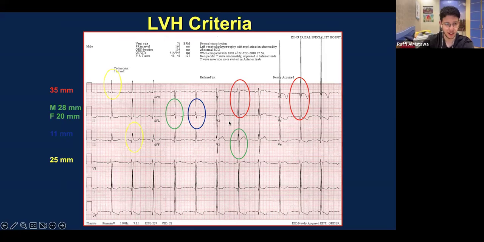Alhamdulillah. I love it when that happens. So these alone are 35 millimeters. The S wave alone is 35 millimeters. If I was going to do the math for V6 and V5, they're already very tall, they're already huge. So V4 to V6, yeah. Just mainly look for V5 and V6, the R wave of V5 or V6, and then the S wave of V1.